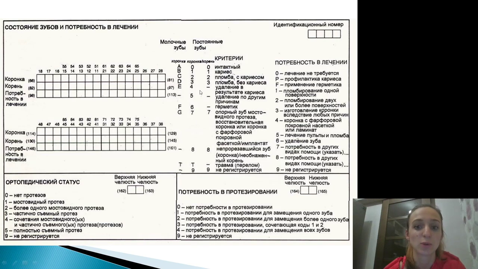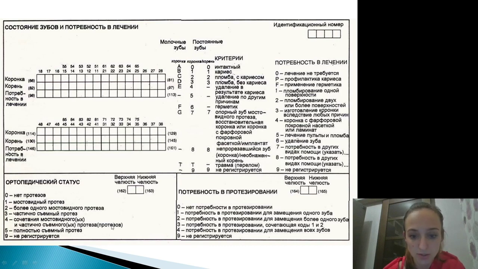And if you see, for example, an orthopedic crown, you should write, of course, orthopedic crown. If you see that extraction of the teeth was done in the past, you should write letter E, extraction of the teeth.